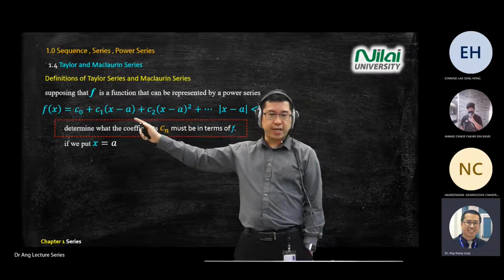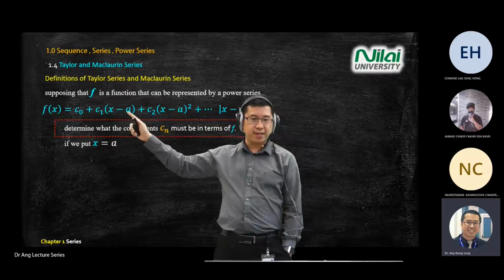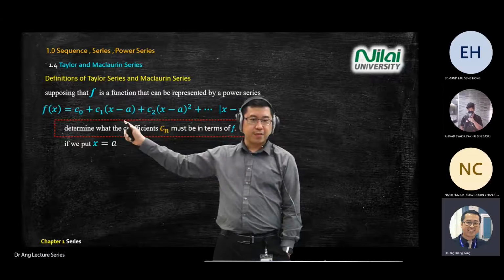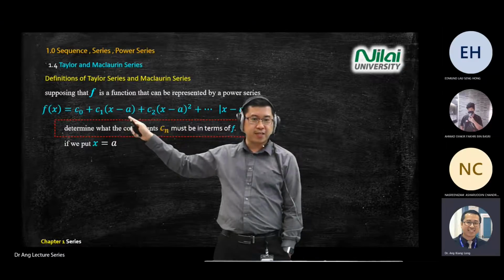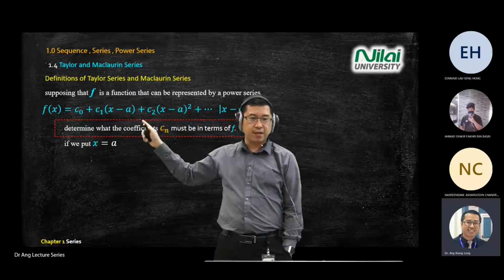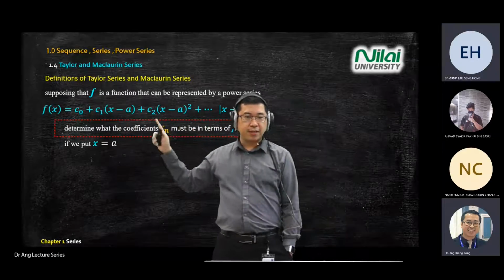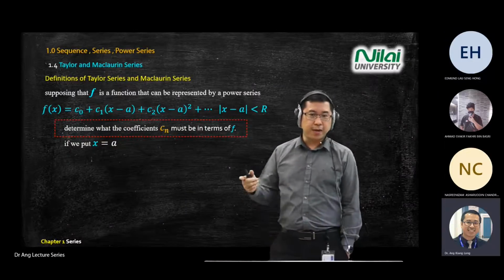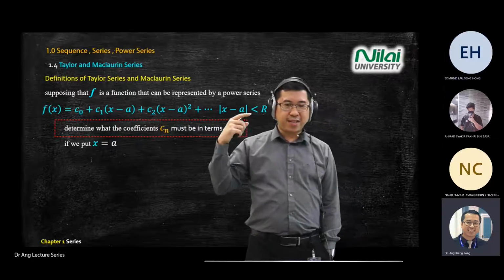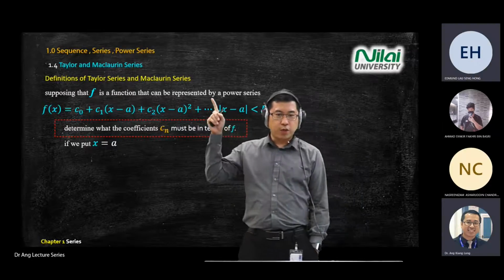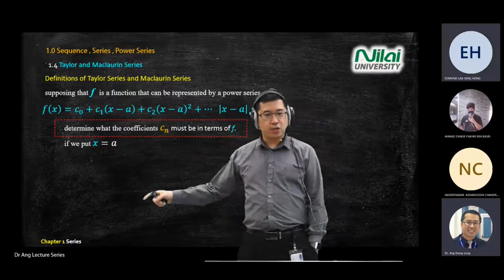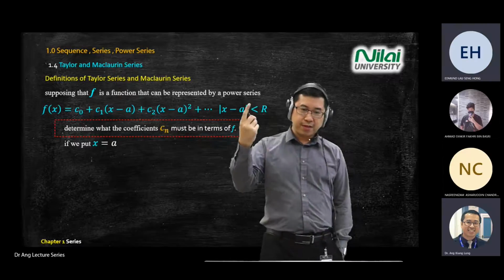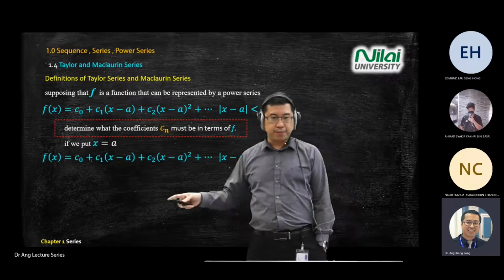In the general equation, what do you get? If you use this equation, what is the first number you see? C0. If you add this power series together, you'll get C0. In the previous example, the power series started with 1, so if we add all the terms together we always get the first constant number.